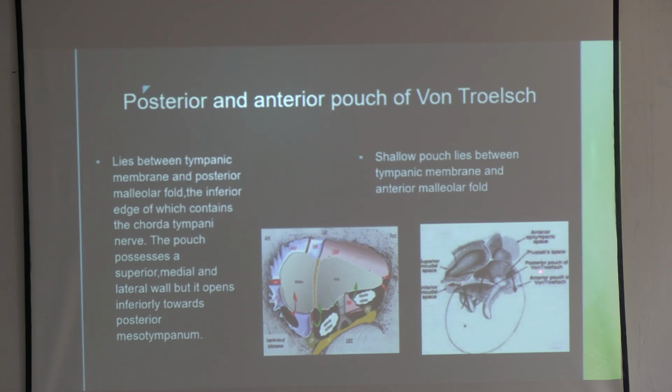This is the chorda tympani nerve, and just below it, this is the anterior pouch of von Troeltsch. The pouch possesses superior, medial and lateral walls, and it opens inferiorly towards the posterior tympanum. This anterior shallow pouch lies between the tympanic membrane and the anterior malleolar fold. This is the anterior malleolar fold.